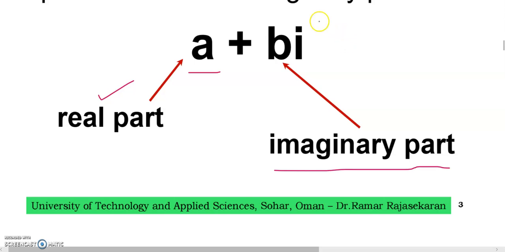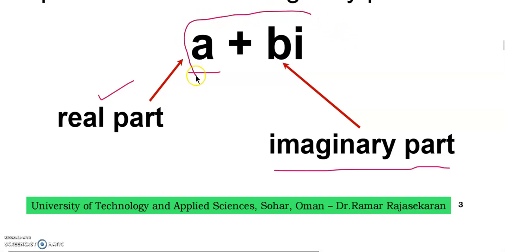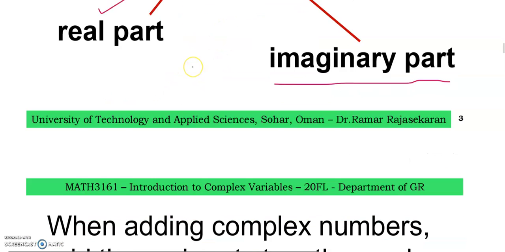So a plus bi is a complex number. Here a is the real part and b is the imaginary part. Simply you can remember with i: the real number appearing with i is called the imaginary part. The real number appearing without i in the complex number is called the real part.